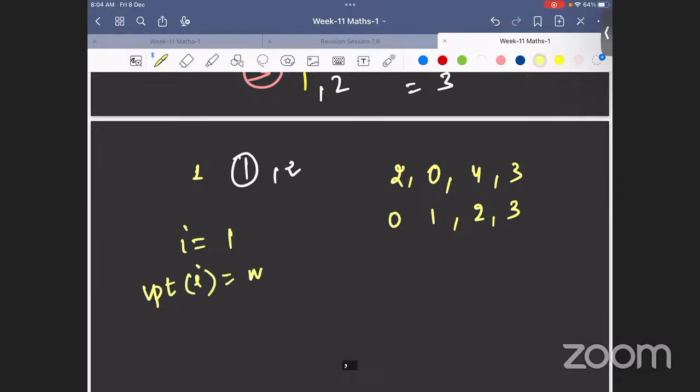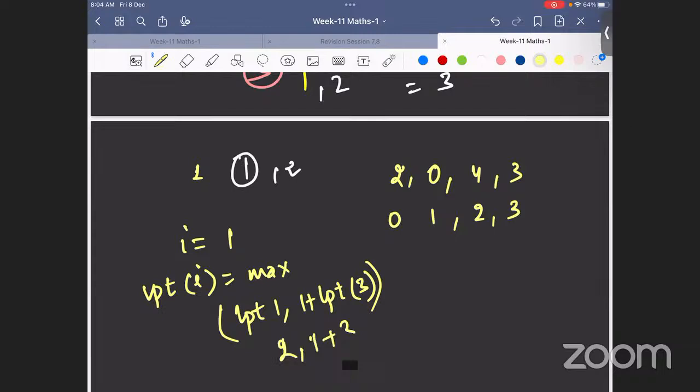You can write it here: maximum of LPT of 1, comma, 1 plus 3, which is maximum of 2, comma, 1 plus 3. So 4 should be the value. Correct. So this is your topological sorting, and this is LPT.